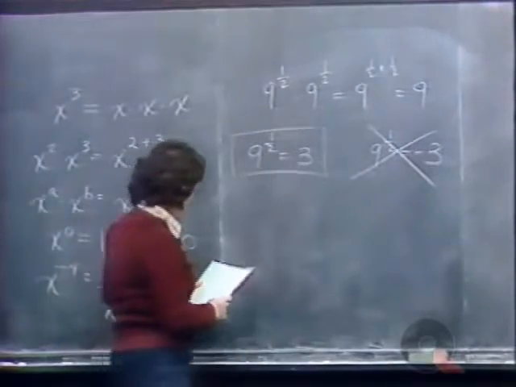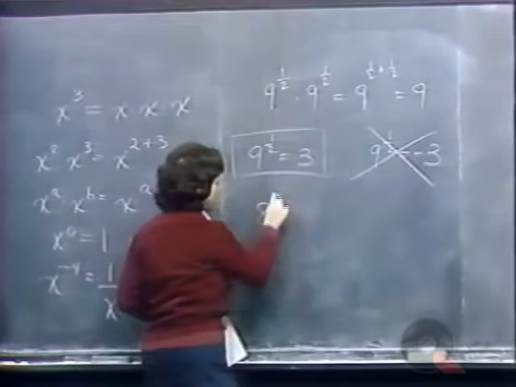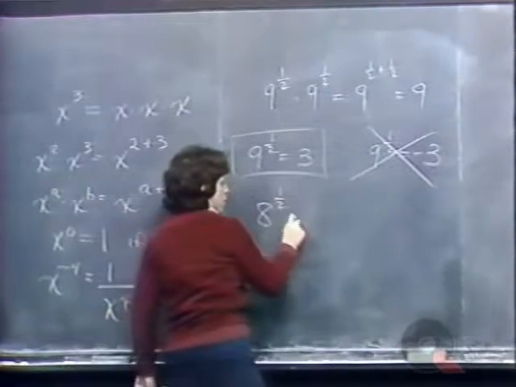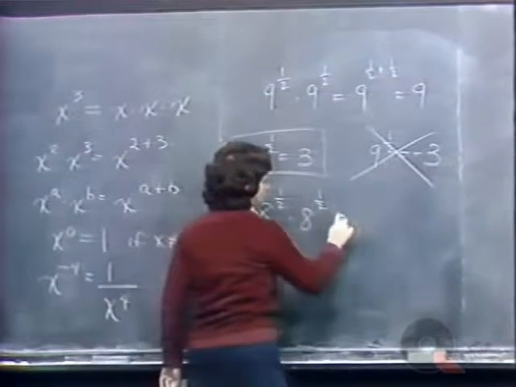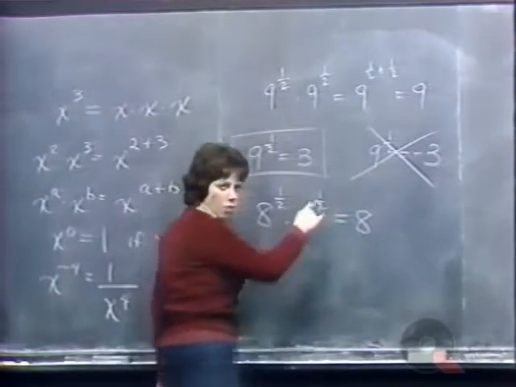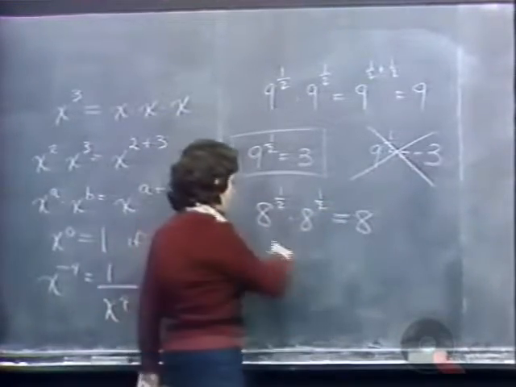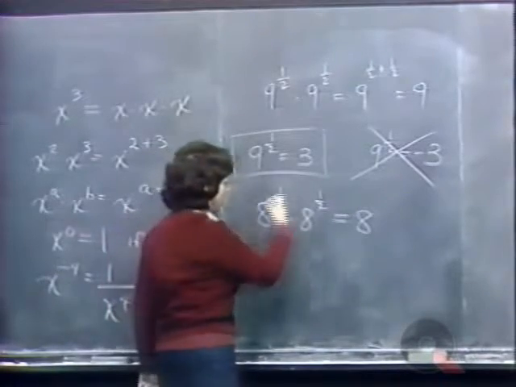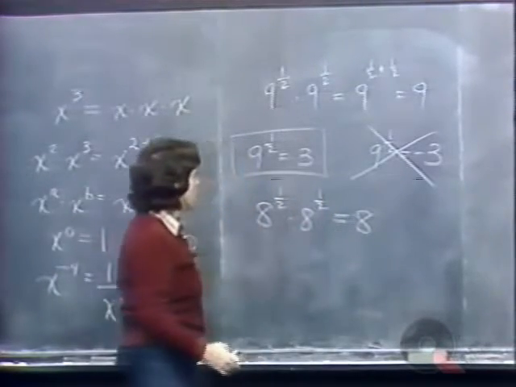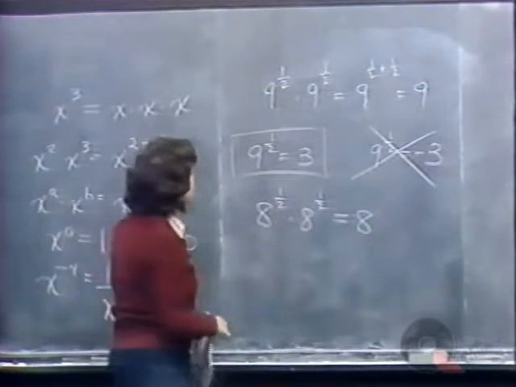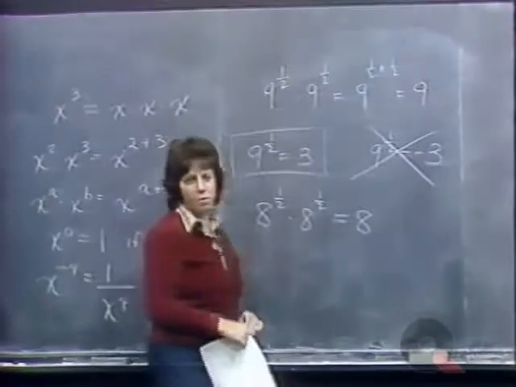Now we could have also done something like this. How should we define 8 to the 1/2? Well, 8 to the 1/2 times 8 to the 1/2 must be equal to 8 to the 1/2 plus 1/2, or 8 to the 1. In other words, 8 to the 1/2 must be that positive number, which when multiplied by itself gives us 8. Now, while 9 to the 1/2 happened to be 3, 8 to the 1/2 is not a rational number.